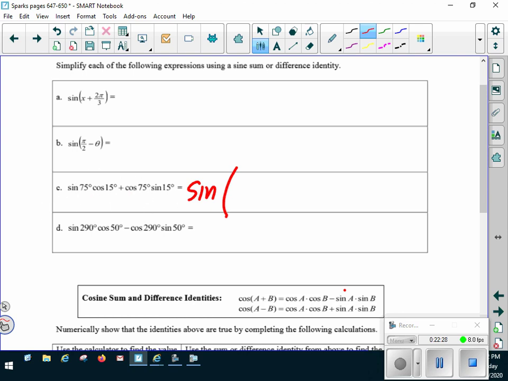What are the angles? Why is it a plus? Remember that the plus or minus stays the same, so that's a plus. So, well, what is this? Well, this is the sine of 90 degrees. Oh, snap, I know what the sine of 90 degrees is. That's 1.